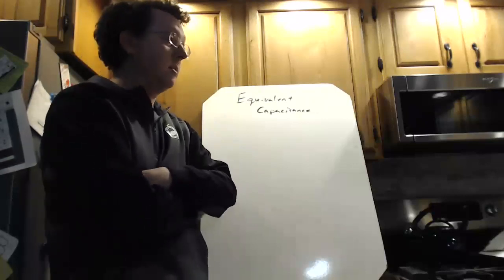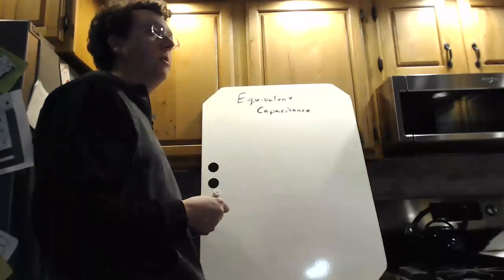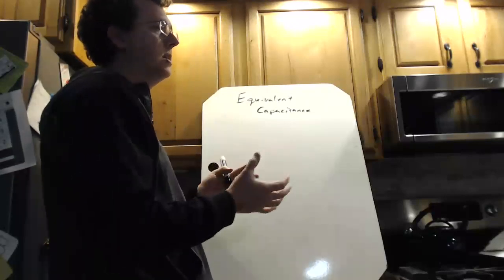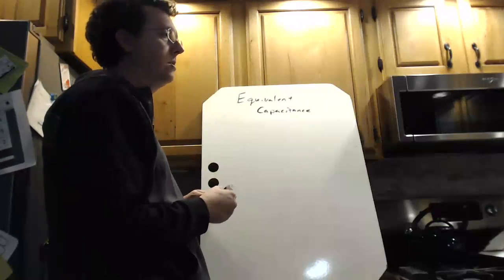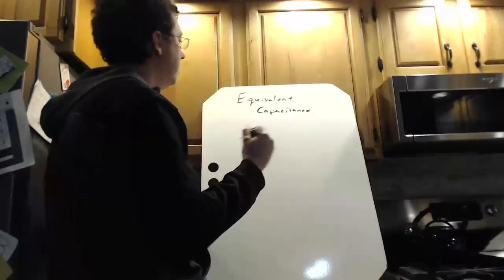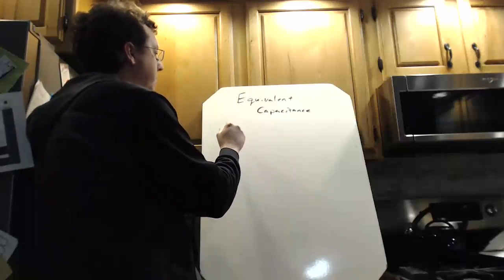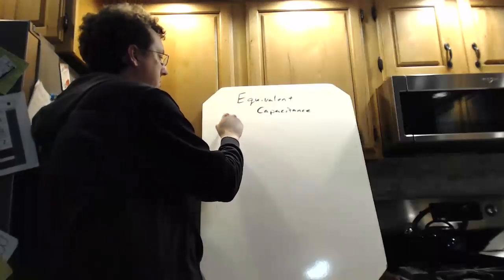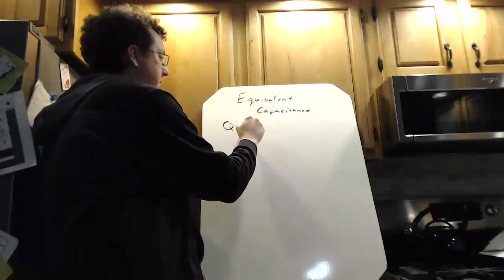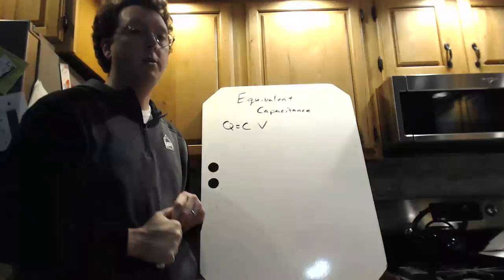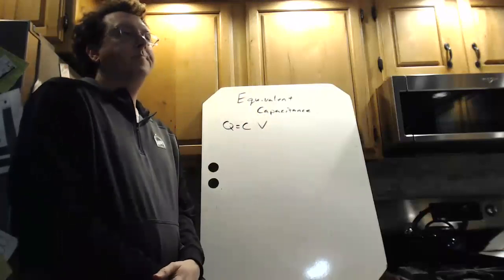It's basically the same. We'll run through the logic because it's pretty much always the same logic when you're finding equivalent quantities. All right, so let's go back to the definition. Remember that Q equals C times V, and that's going to be true no matter what.